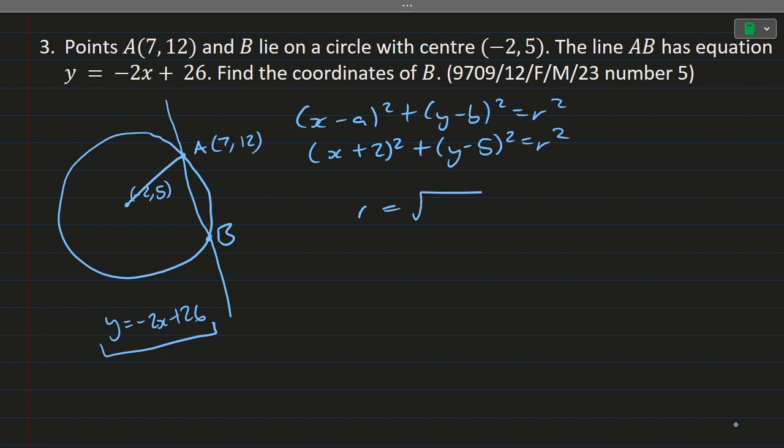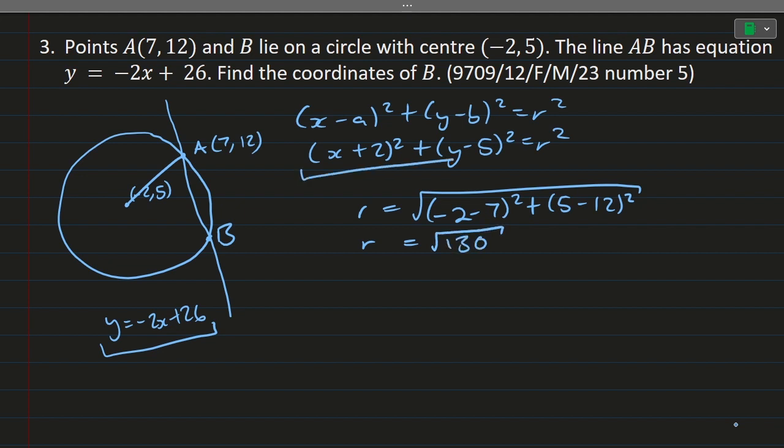So we use the formula for length of a line, and that becomes (-2 minus 7) squared plus (5 minus 12) squared. Punch that into your calculator and you get r is equal to the square root of 130. So if we go back to our equation of the circle here, we substitute r with root 130.